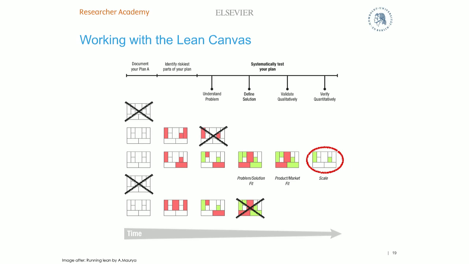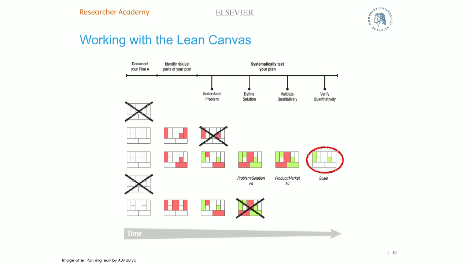The next step, you identify the riskiest parts of your plan, and by identifying and analyzing the risk, you are going to be able to develop the plan further. You change it, you add new information.